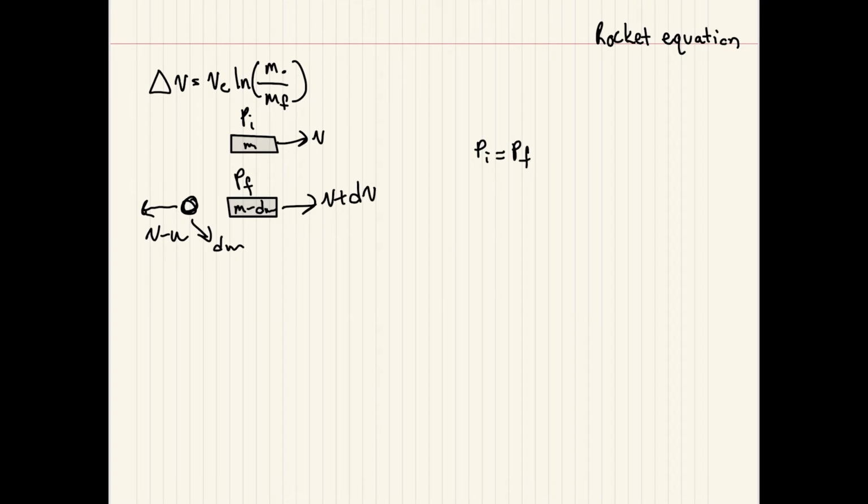And from here we can make an equation. We can say mv equals (m minus dm) times (v plus dv), plus dm times (v minus u). Then we would just go about expanding this.